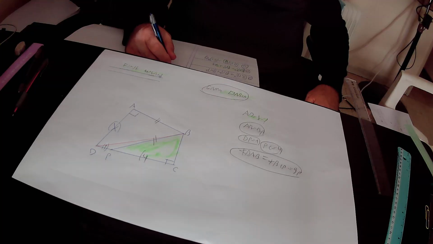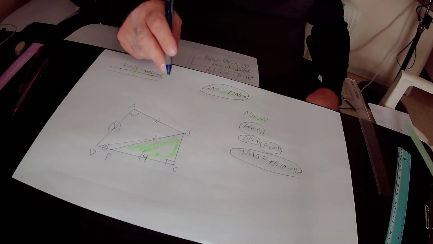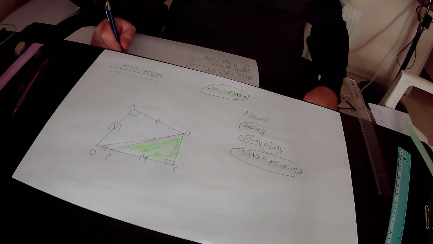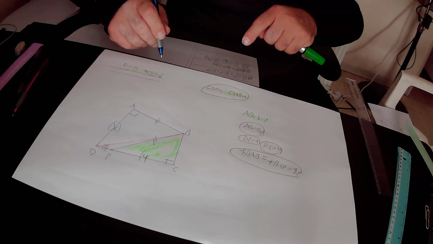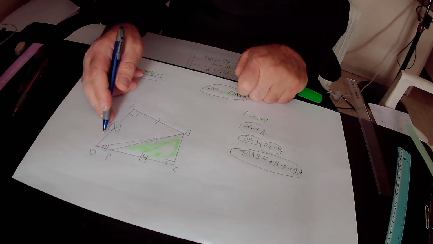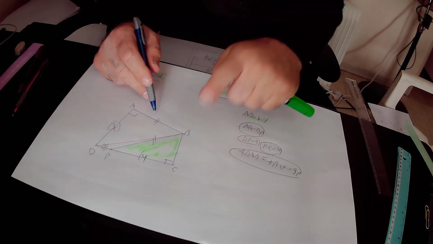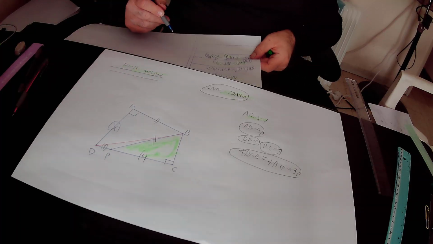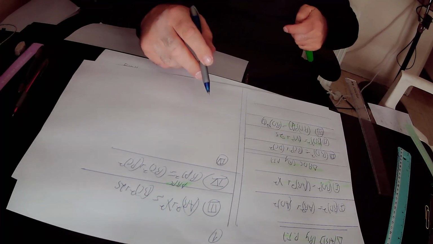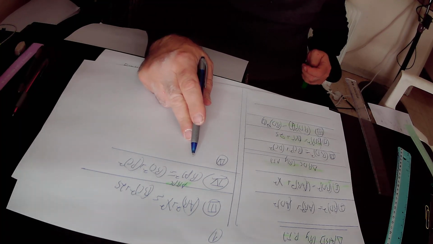So according to equation 4, BP square equals BC square plus PC square. But it is given in the question that AB equals BP. So we substitute BP in equation 4 by AB.